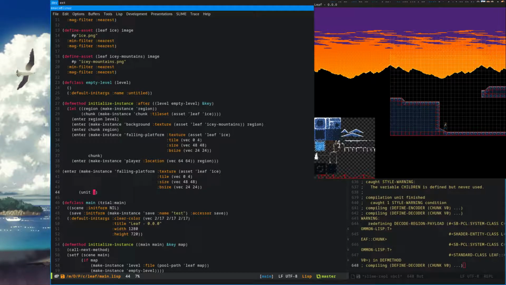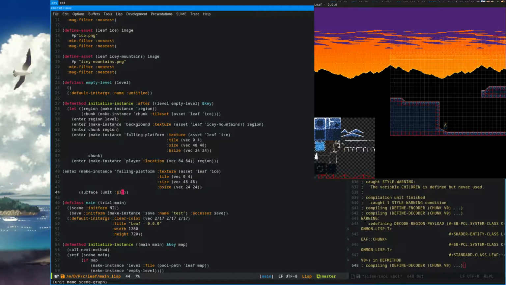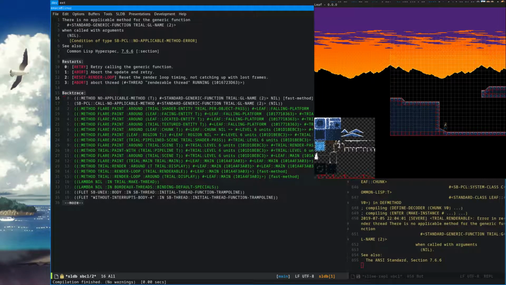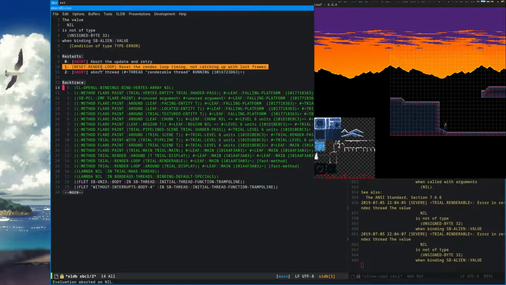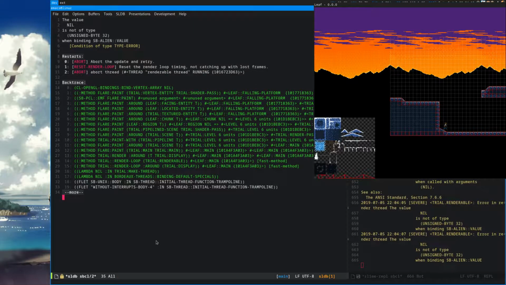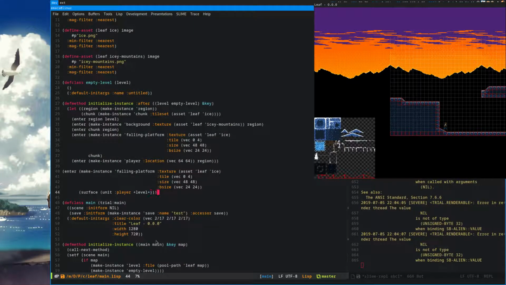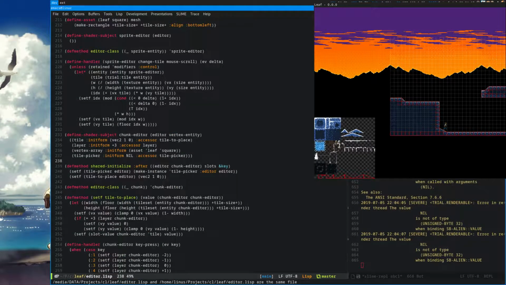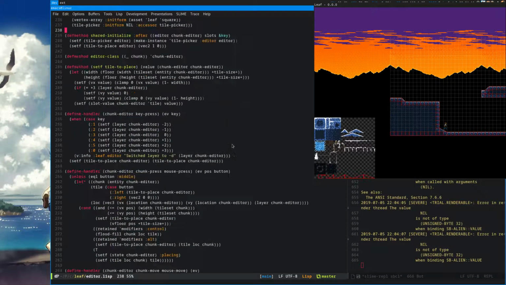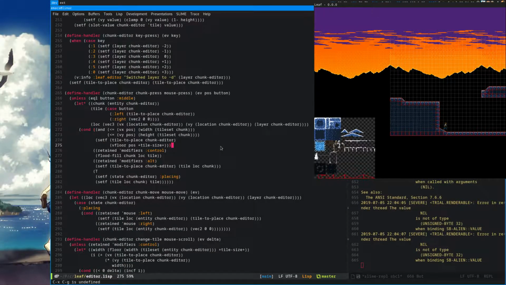Or let's just do surface. Never mind. Right. How did I do that in the editor? I should have done it through that. I forgot I had a macro. Fuck.